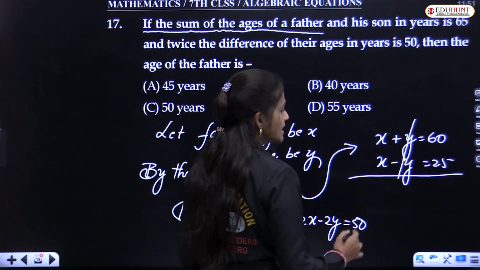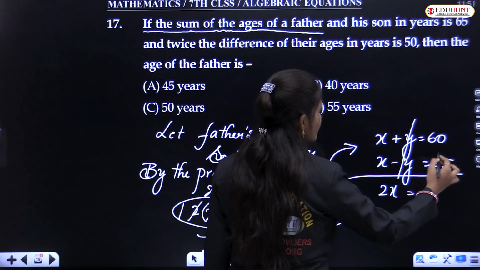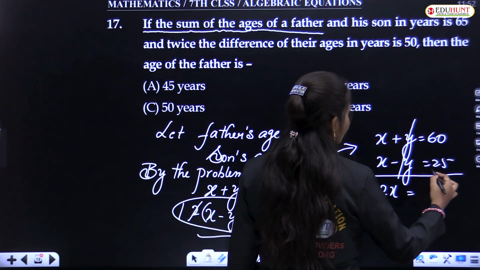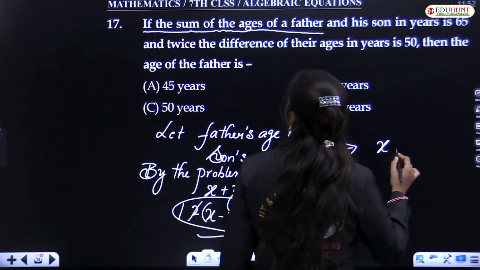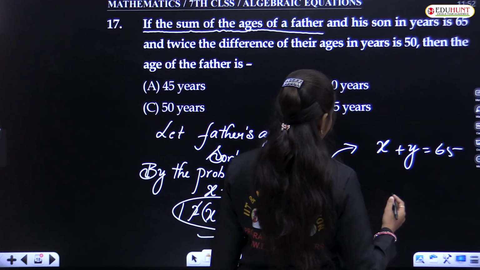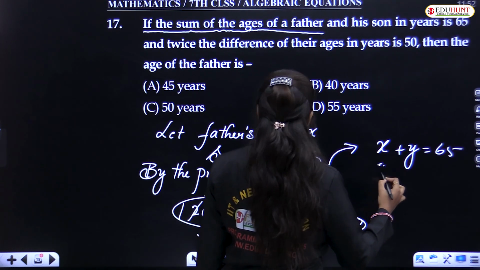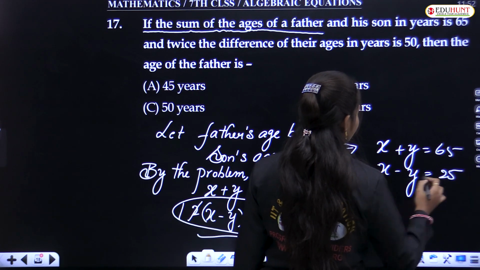Sorry, this is minus and this is also minus, no? So here x plus y is equal to 65, and x minus y is equal to 25.